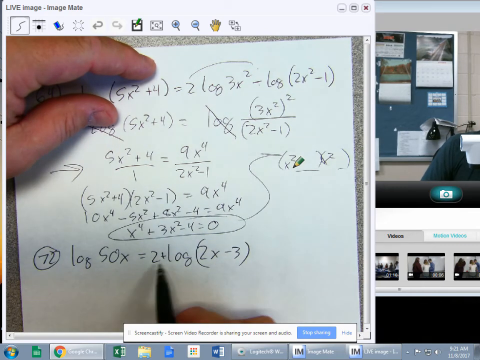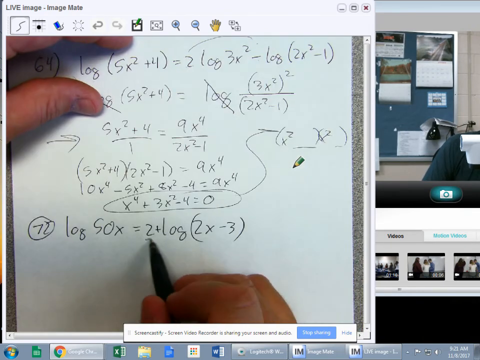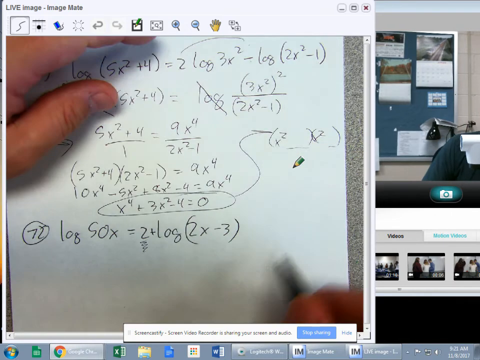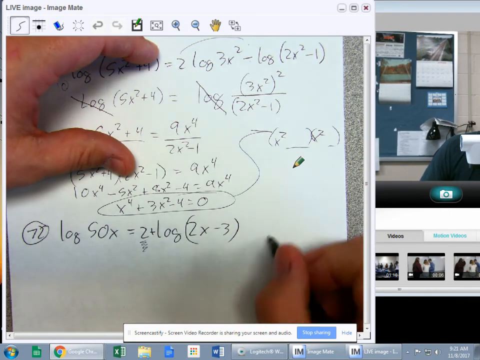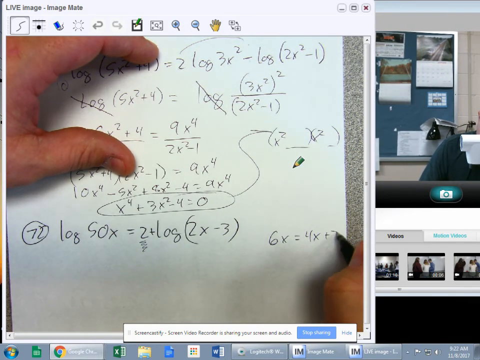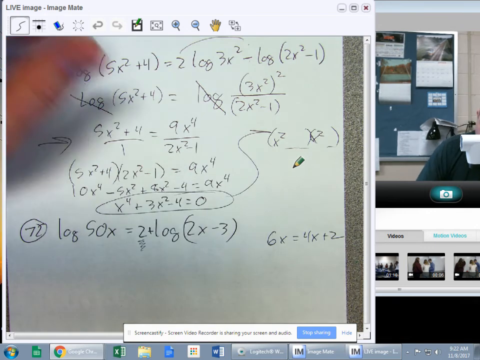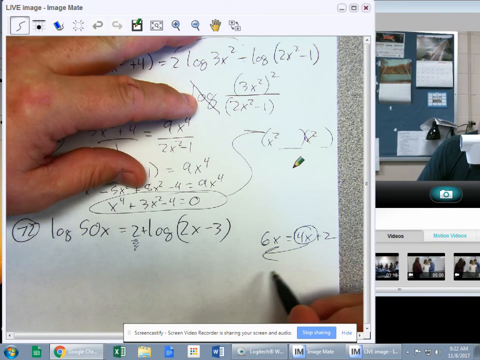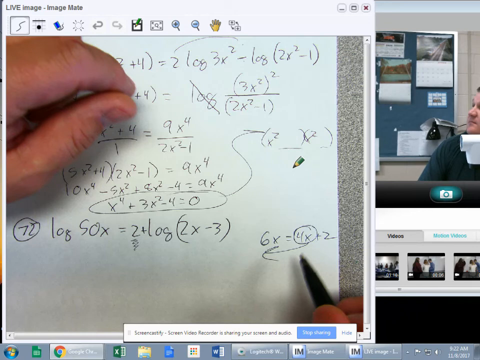Now, this is a little different down here because I have a 2 that doesn't have a log in front of it, so I can't combine it like I did up here. What I can do, though, is if I gave you 6x equals 4x plus 2, what would you do? You would combine by subtracting 4x.